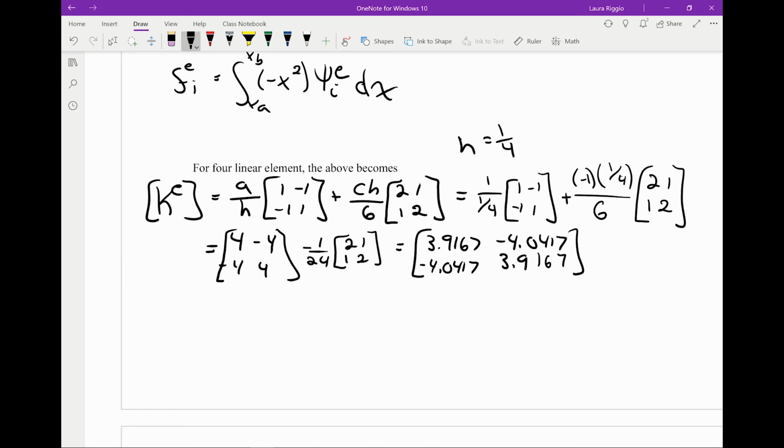And this is valid for every single one of our 4 elements.